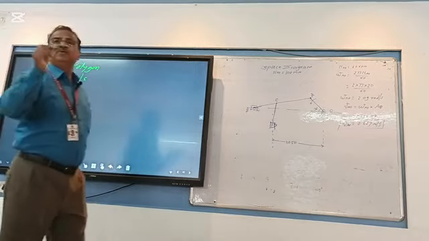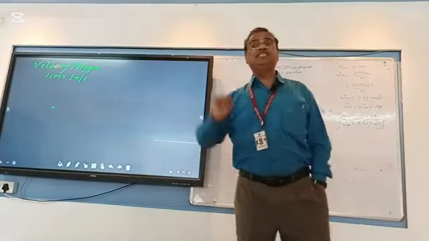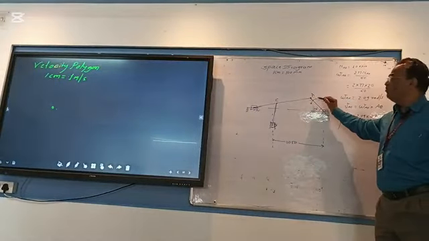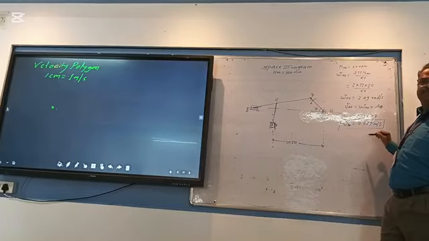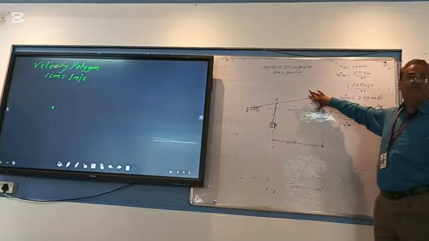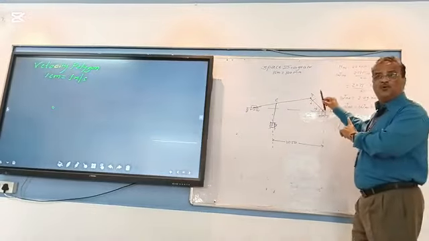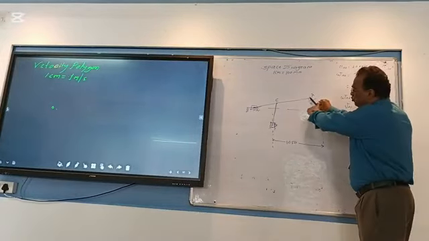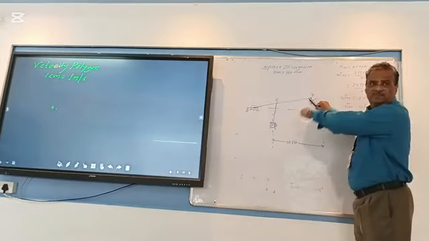Next, start with the link whose direction and magnitude of velocity are known. Which link is that? OA is the link. उसका direction मुझे मालूम है, it is rotating anti-clockwise and the magnitude is 0.627 meter per second. So I am beginning to draw the velocity polygon with link OA, the crank. It is rotating anti-clockwise. Where will the velocity vector go?